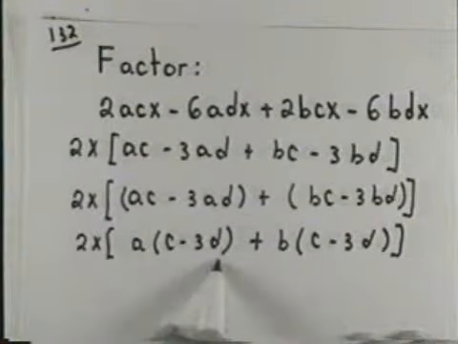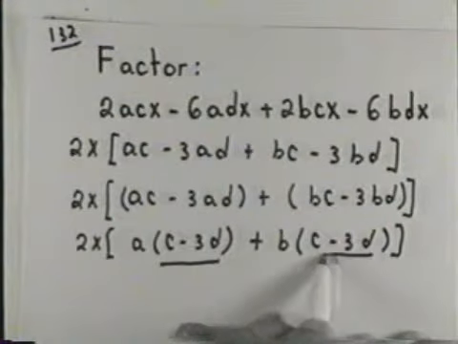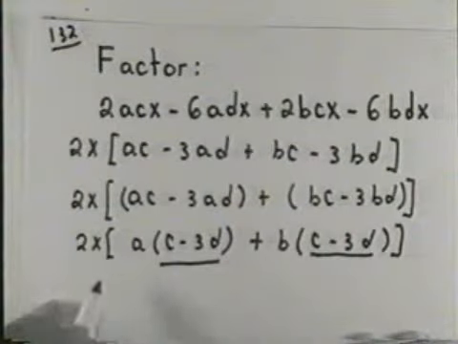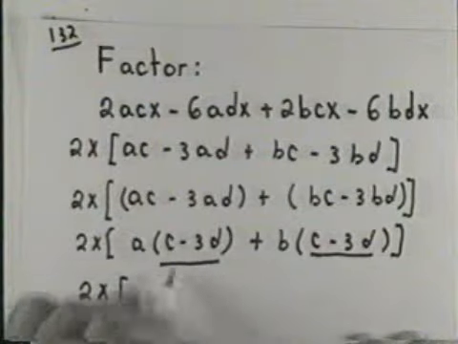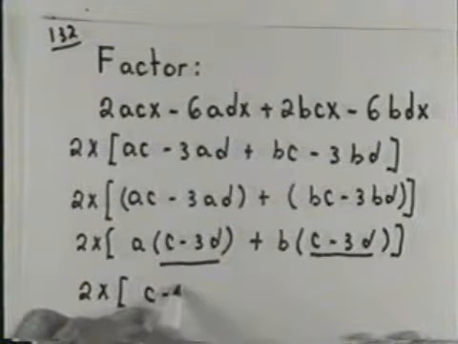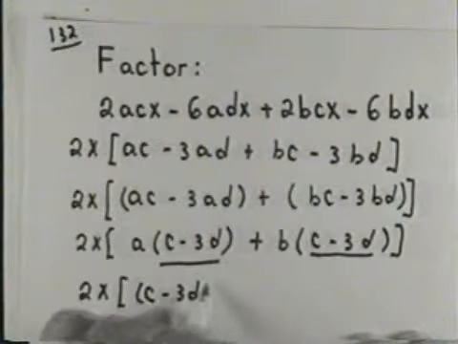Aha, we're in luck. C minus 3D is a common factor, so I can write it as 2x times C minus 3D.